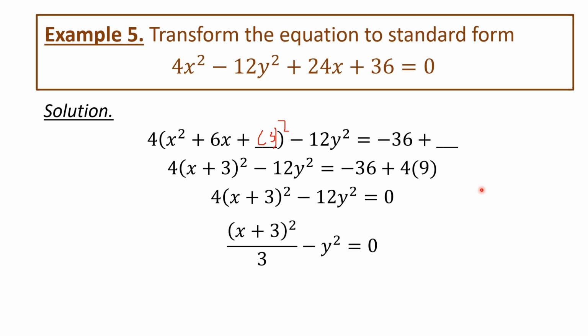And dividing everything by 12, that is now (x plus 3) squared over 3 minus y squared is equal to 0. And since equals 0 yan, this is actually a degenerated case of a hyperbola. And in particular, pag grinaph natin yan, this will give us two intersecting lines.